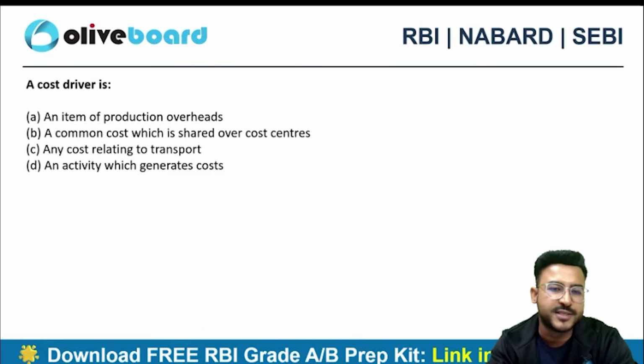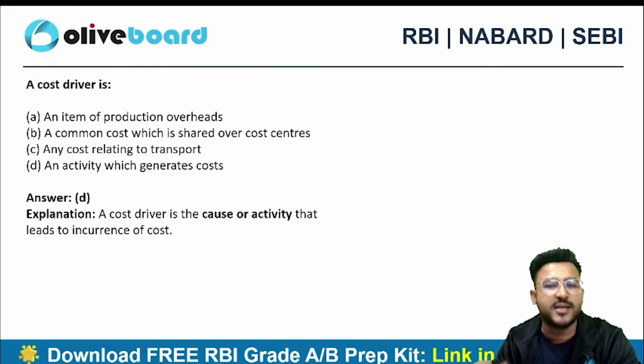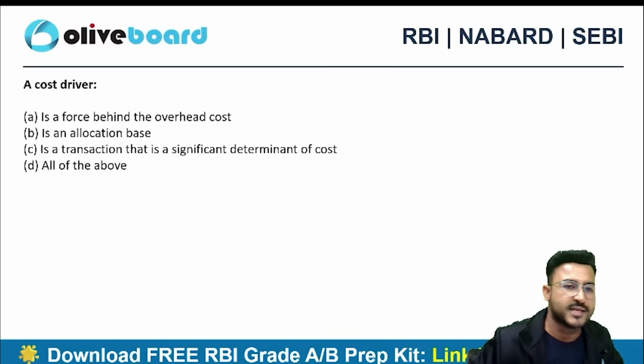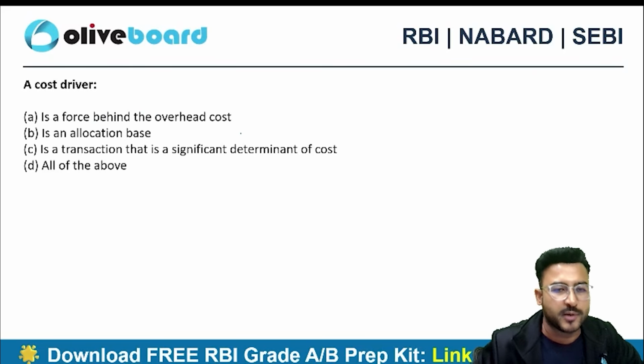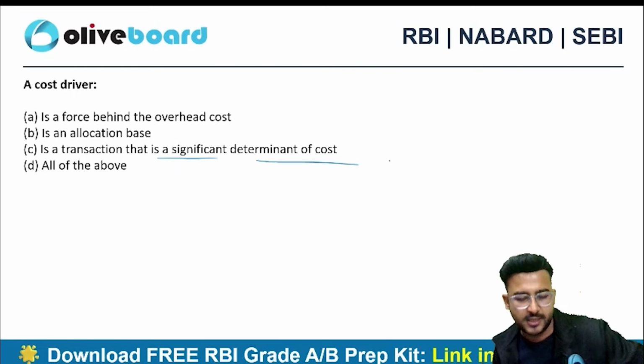An activity which generates the cost, right? Because it is actually driving the cost. A cost driver is a force behind the overhead cost, is an allocation base, is a transaction that is a significant determinant of cost, or D, all of the above.